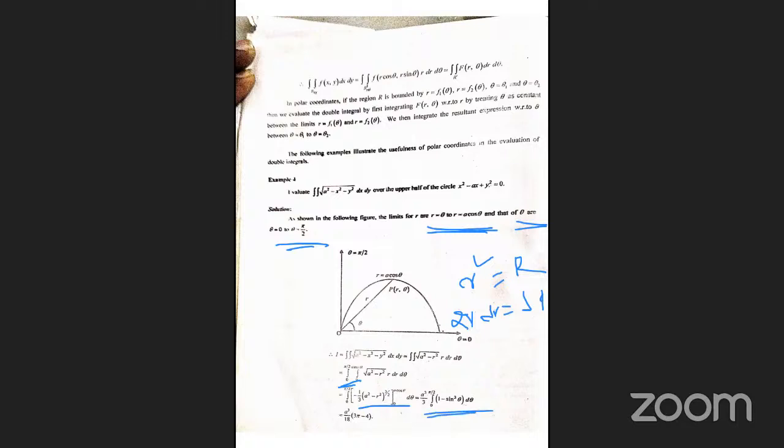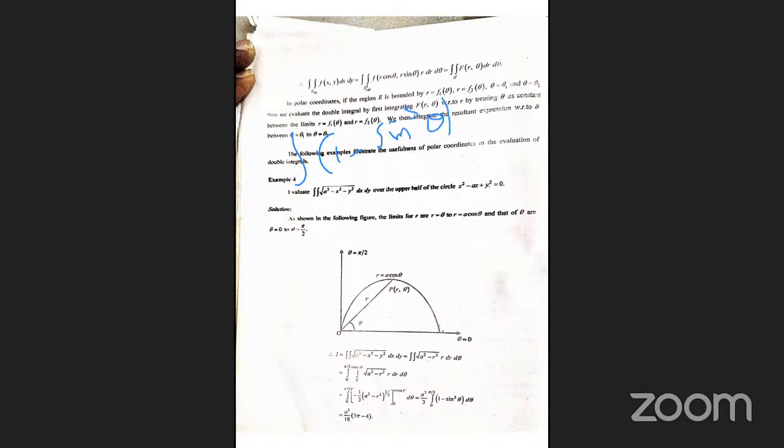And we are getting the integral from 0 to pi by 2 of 1 minus sin cube theta d theta. Here we need to find the integration of 1 minus sin cube theta d theta. The integral of 1 d theta we can write as theta, no problem.